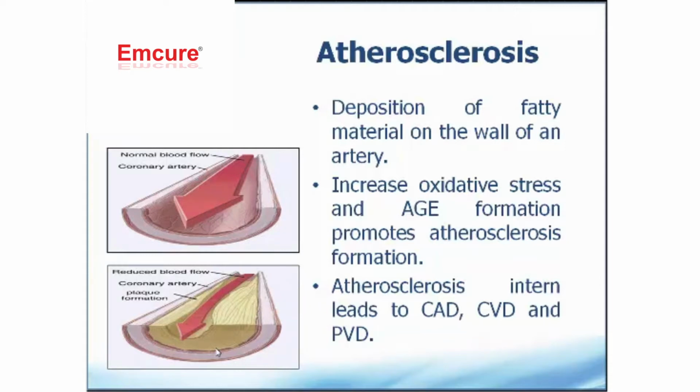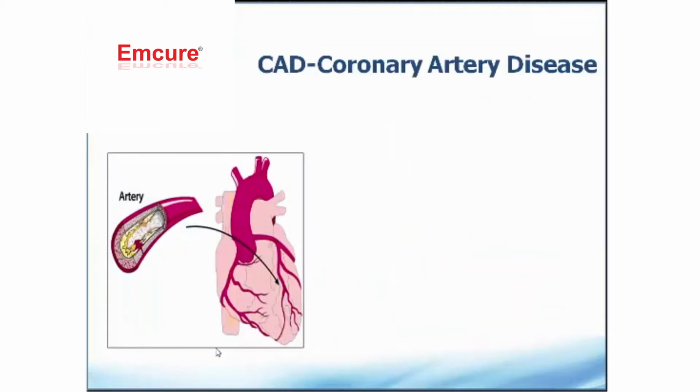Let us see in detail what is this CAD, CVD and PVD. Now, CAD, as I told you, is coronary artery disease. Basically, this disease is related to the blood vessels of the heart.